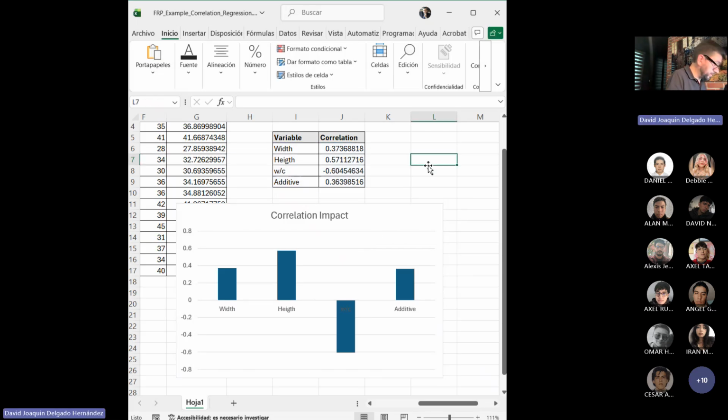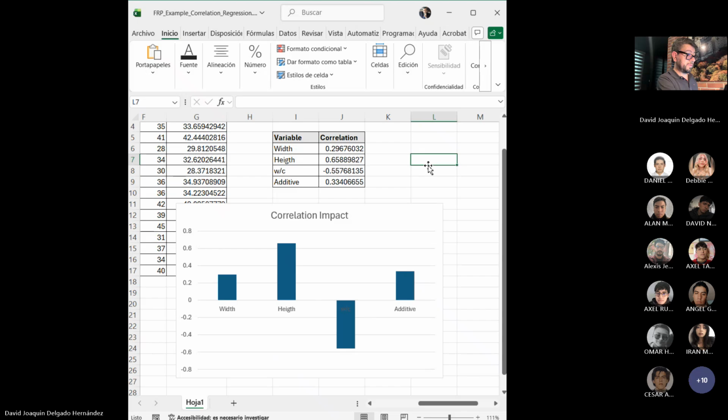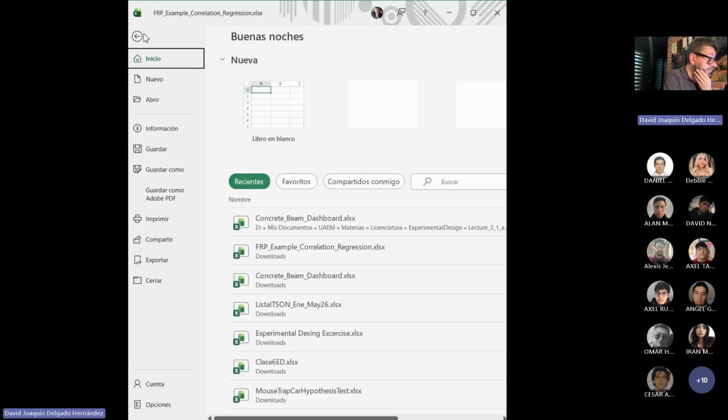Okay. So if you play with this F9 again, look, it is moving all the time. Can you see it? F9. Okay. Perfect. Any questions?